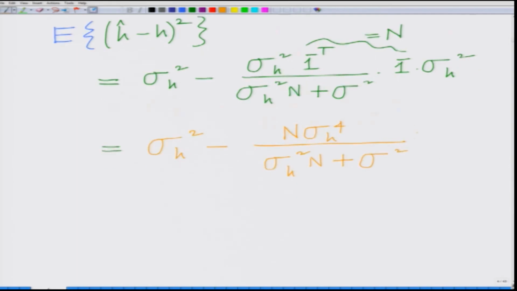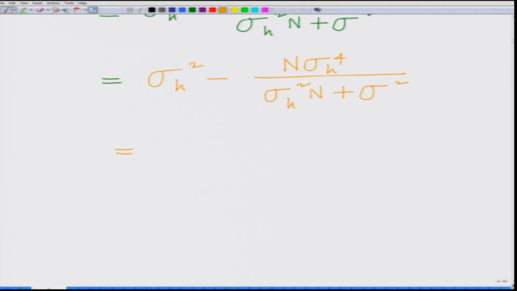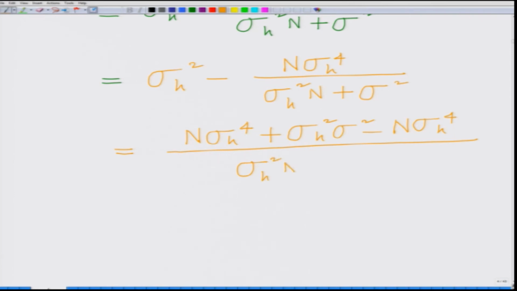And this is further equal to, look at this, sigma_h square into (sigma_h square n plus sigma square), so once you simplify, n sigma_h to the power 4 plus sigma_h square sigma square minus n sigma_h raised to the power of 4, divided by sigma_h square n plus sigma square. Now these two obviously cancel.